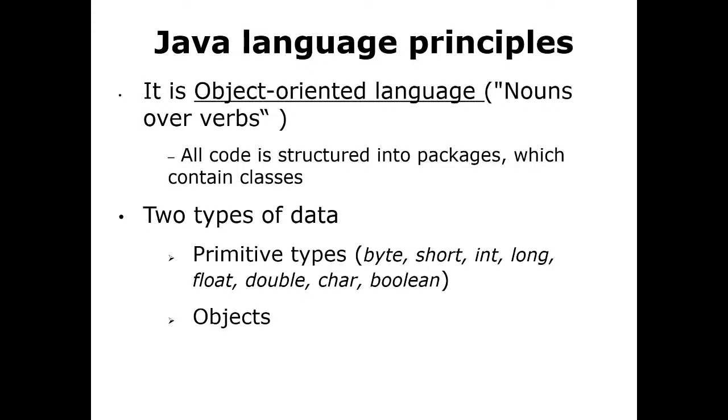So it means that on the top there are objects, nouns, from which you're able to execute methods, in which you're able to store data, and make connections between the data. We will talk about it, but it's a very object-oriented language, and almost everything is based on objects in Java.